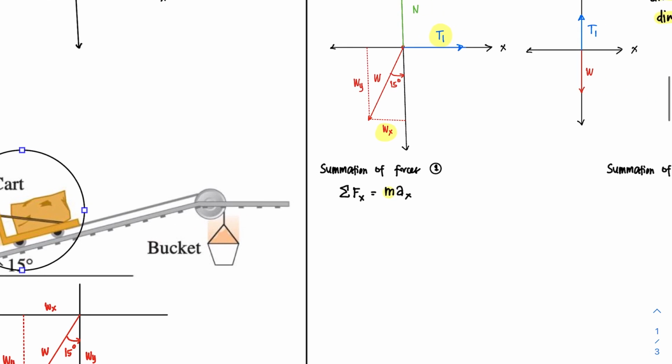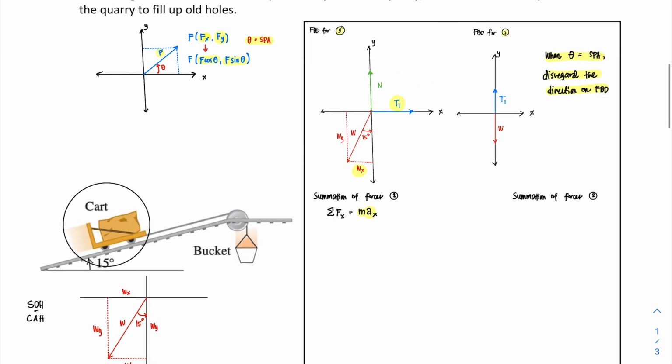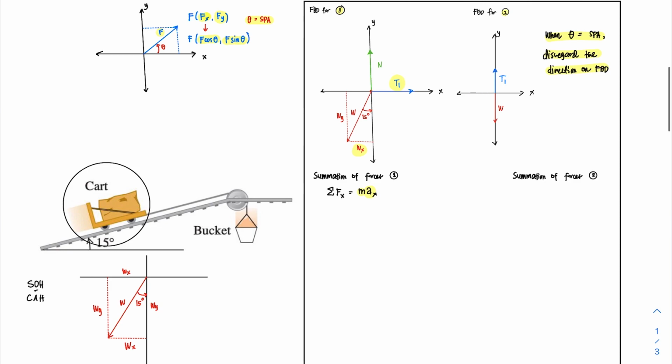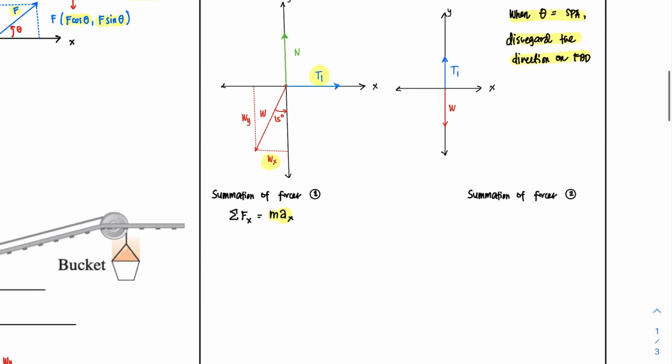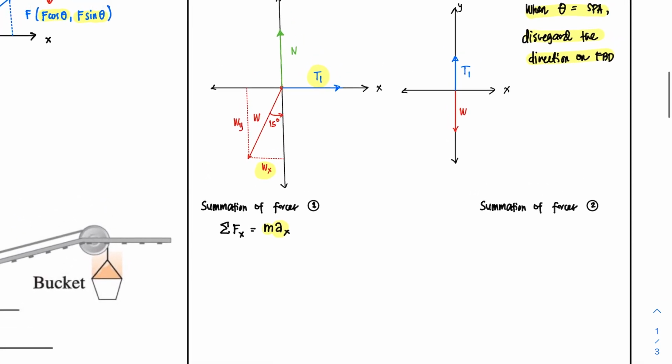So that should be the mass of the cart, and the acceleration you are seeing here will be the acceleration of the cart also. Okay? So what happens now? Once we have the correct free body diagram, we can already solve for the summation of the forces.